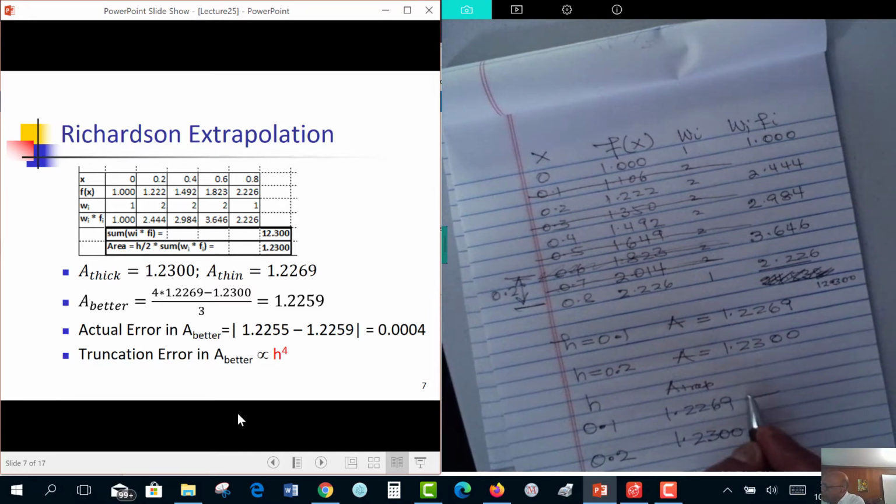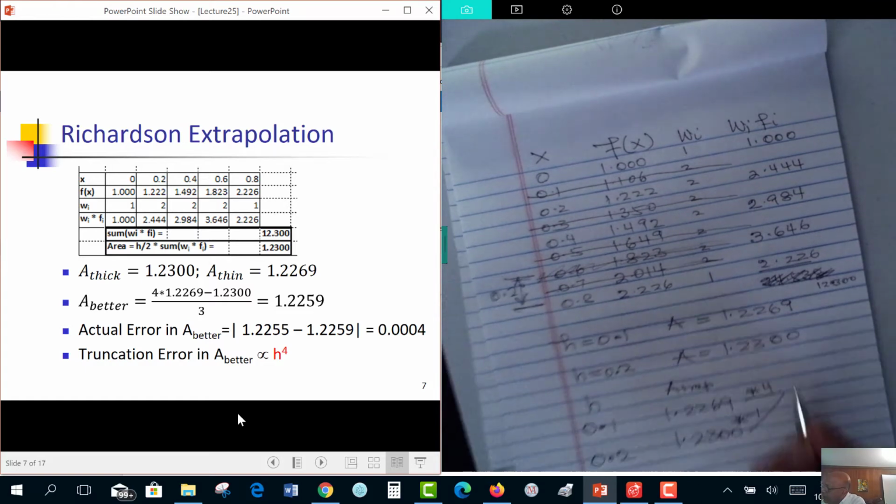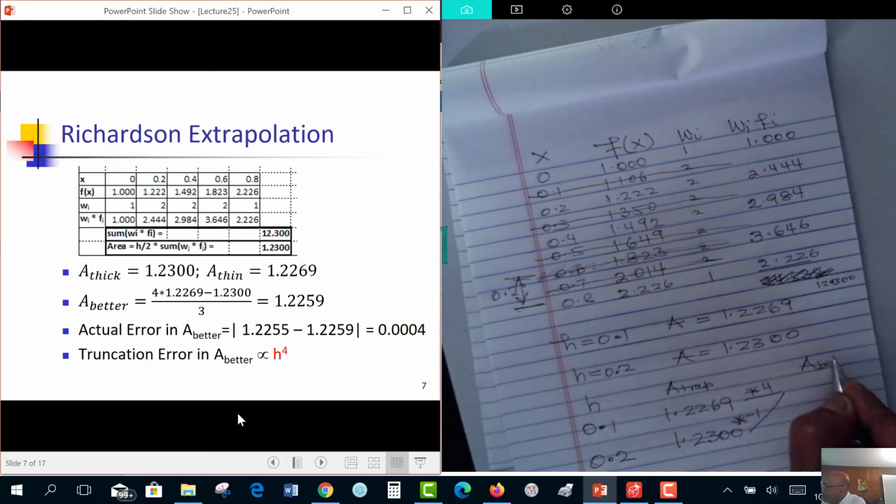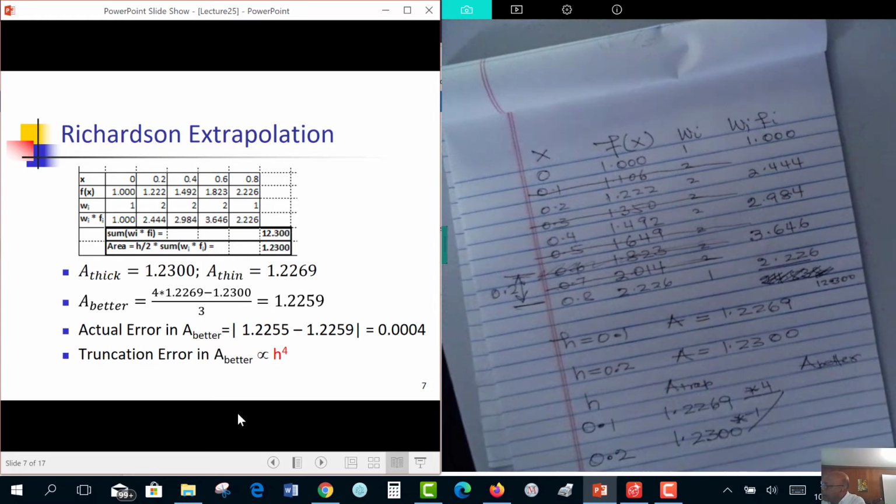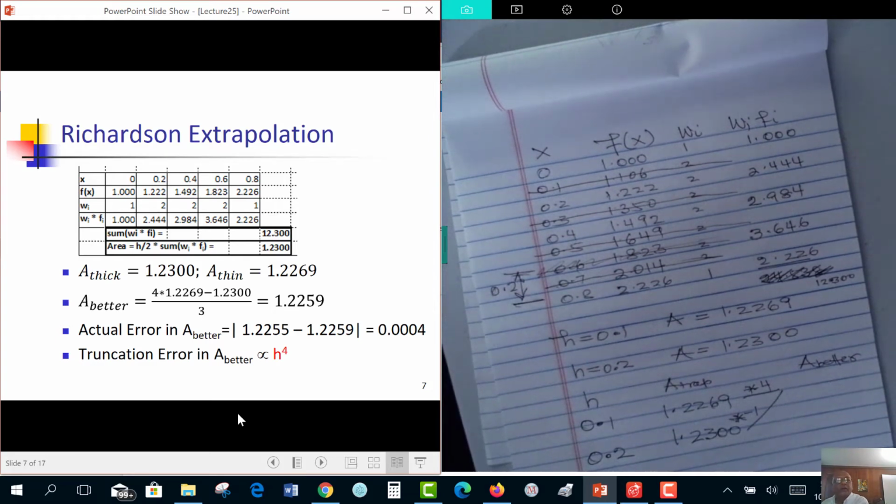So we give this 4 units of weight, we give this negative 1 unit of weight, and we will get A beta, right? So we use this formula, 4 times 1.2269 minus 1.2300 over 3, and we will get 1.2259.